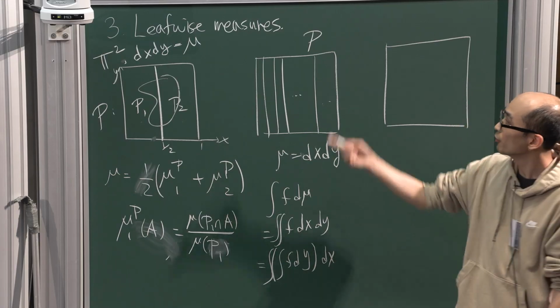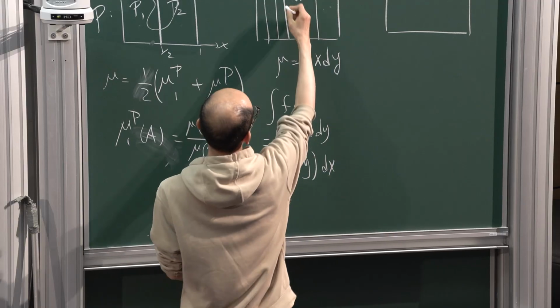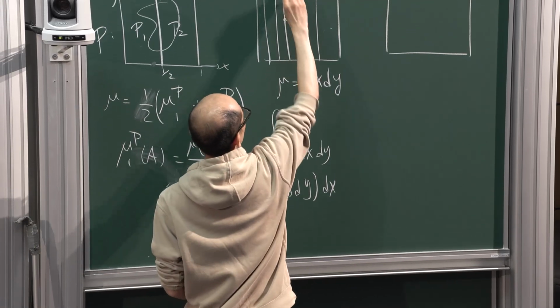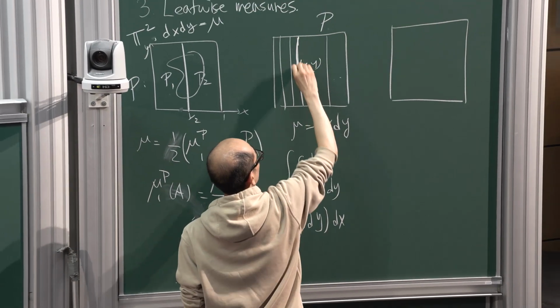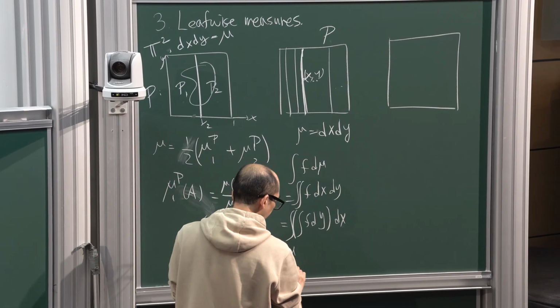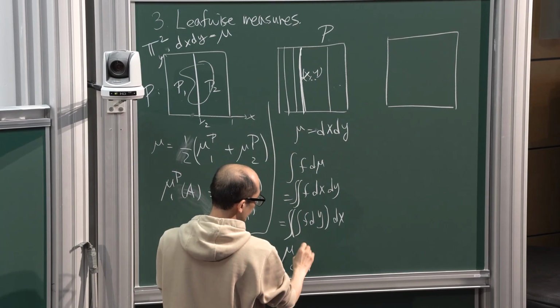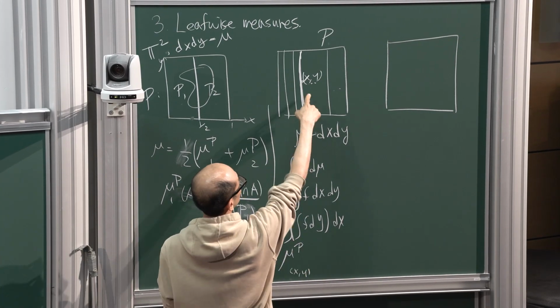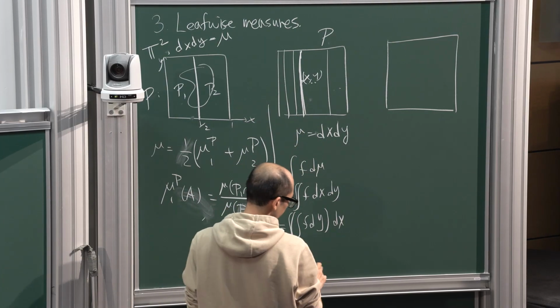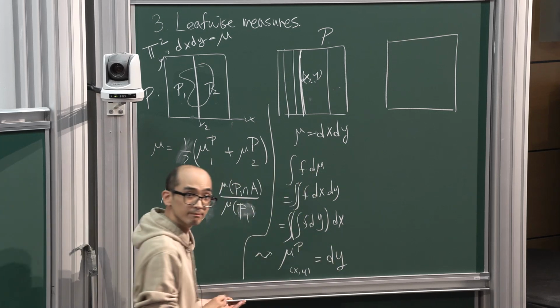So if you have this partition, then I want to think about the conditional measure on this vertical line. I want to think about mu_{x,y}. This is the base point, and I want to think about the partition given by the vertical lines. And then this is basically dy. Does this make sense?